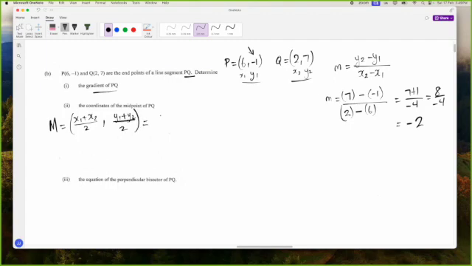So that is equal to 6 plus 2 over 2, and minus 1 plus 7 over 2. And so we could see here 6 plus 2 is 8 over 2, and then 7 minus 1 is 6 over 2. So you get your midpoint, big M, to be 8 divided by 2 is 4, and 3.